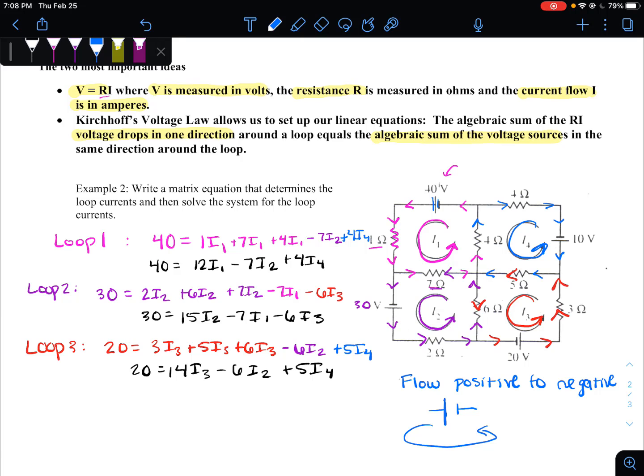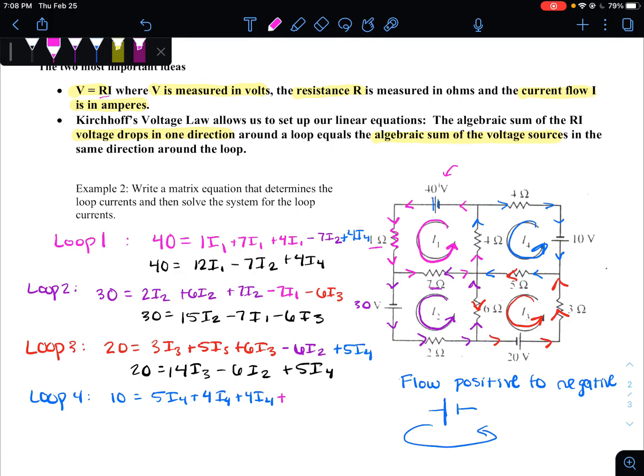And last but not least, loop 4, source is 10. That will be equal to 5 I4 plus 4 I4 plus 4 I4. Obviously, you don't have to write out all this work when you're doing it, but it helps me keep everything organized and make sure I've got the right number of resistors.